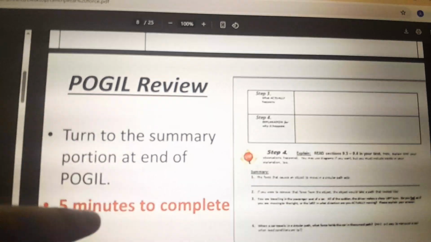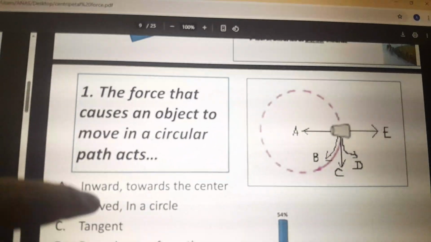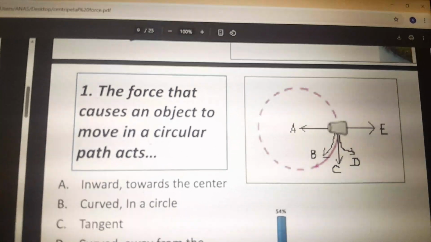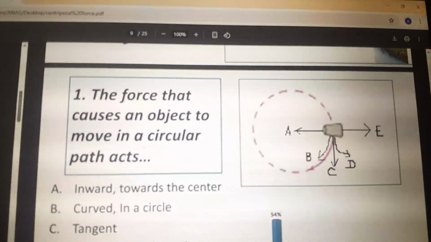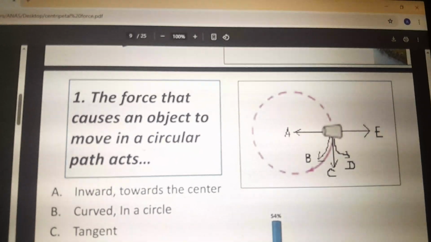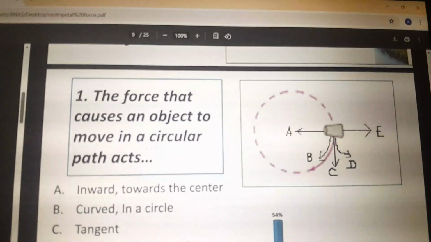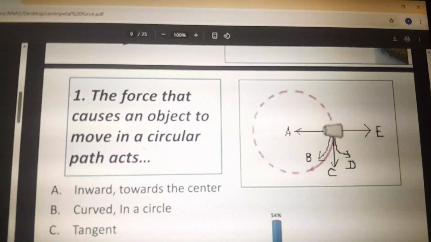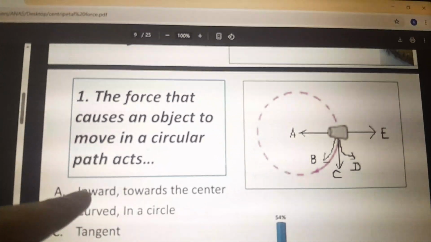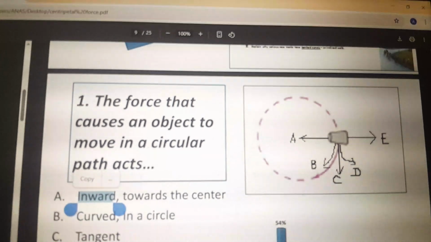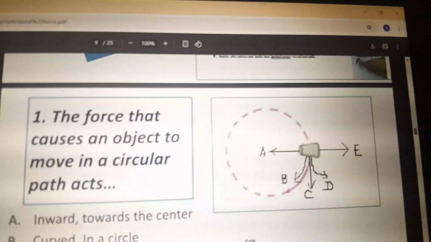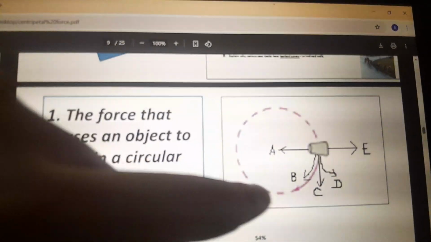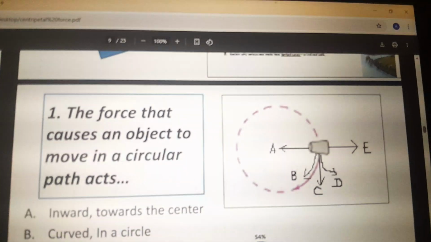Similarly, we go to the next. There is a question that makes your concept clear: the force that causes an object to move in a circular path acts in which direction? Obviously, it is a center-seeking force, so the first option is correct, that is inward towards the center. When the object moves in a circle, the force that acts on it is toward the center.